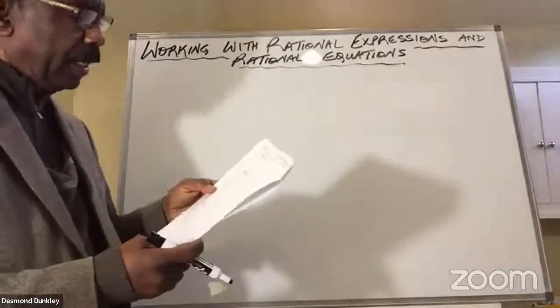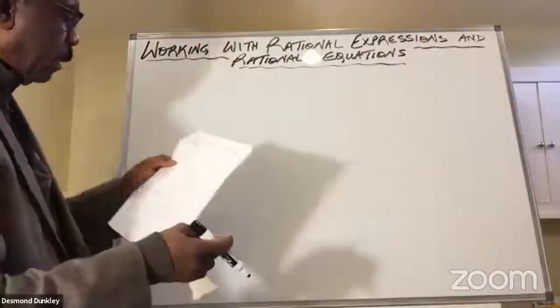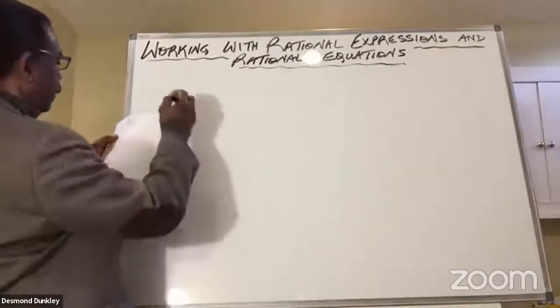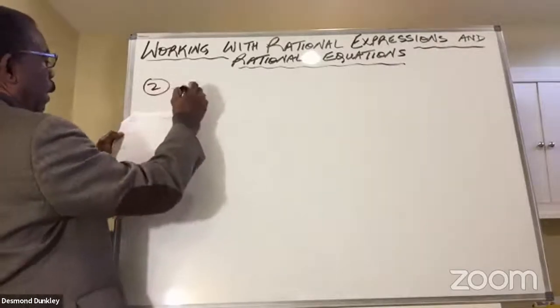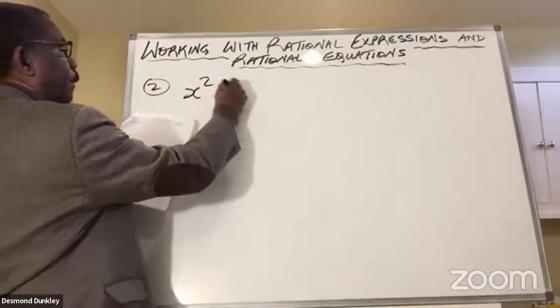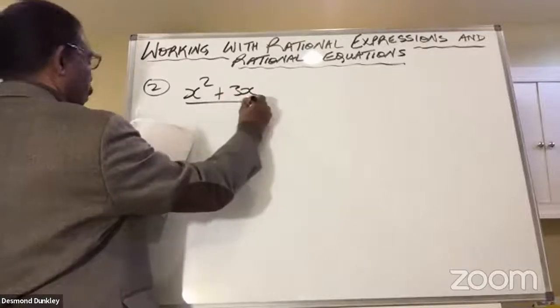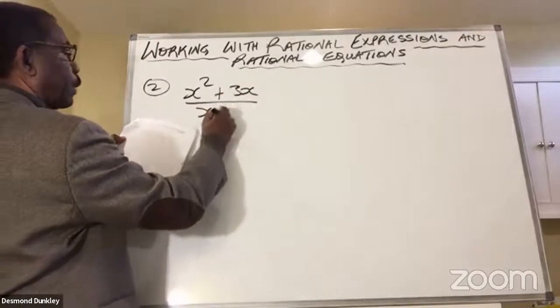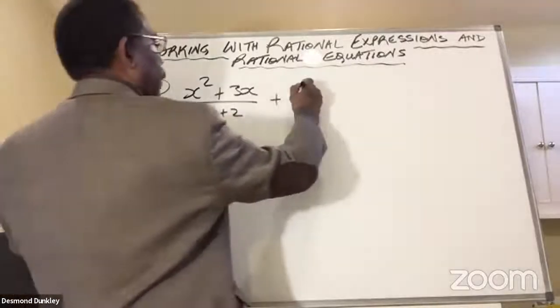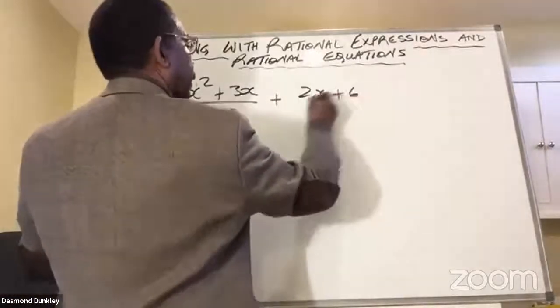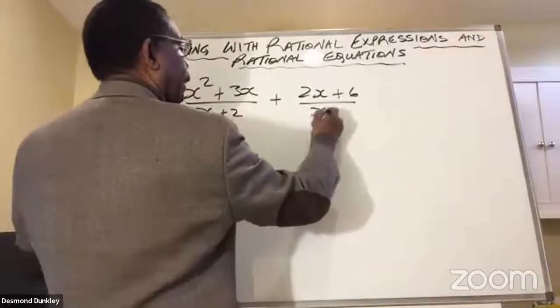So here is another one. This is number 2: x squared plus 3x over x plus 2, plus 2x plus 6 over x plus 2.